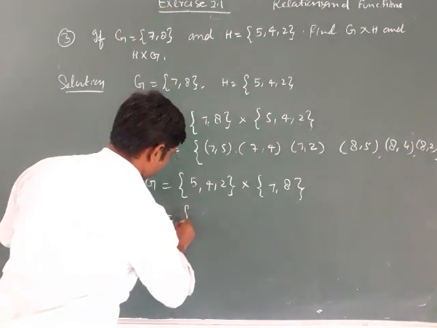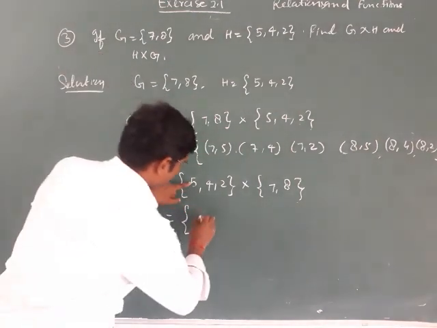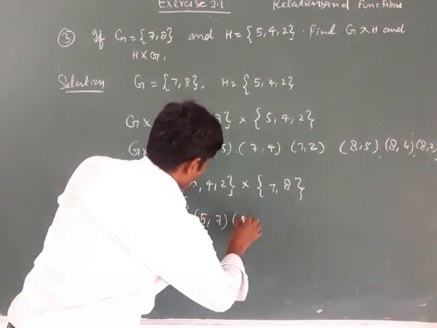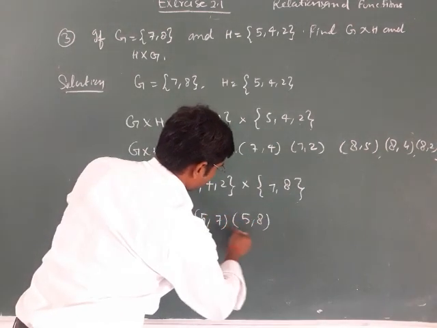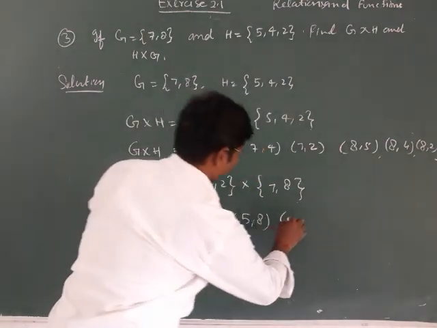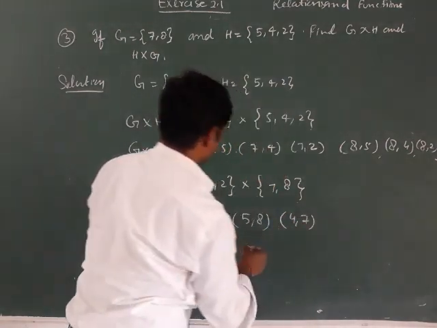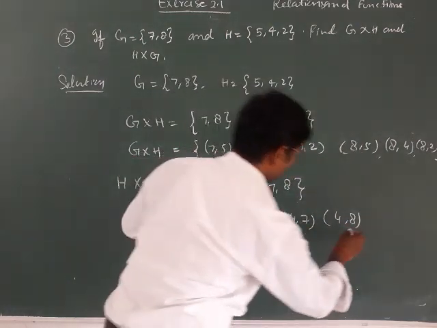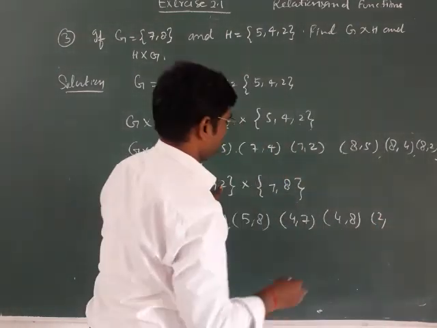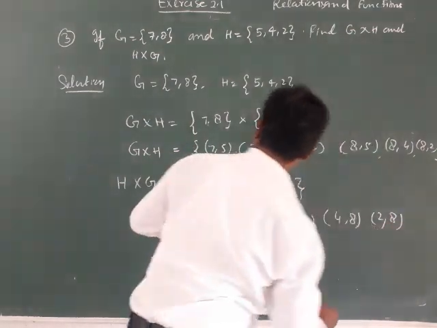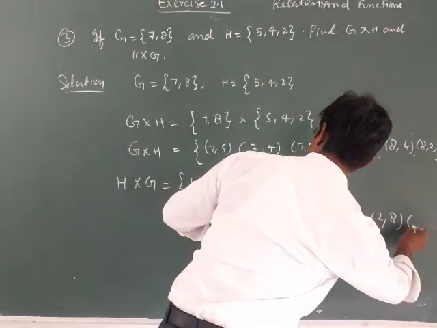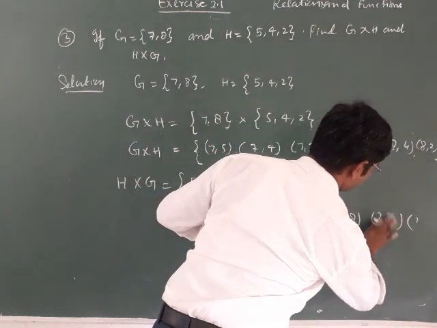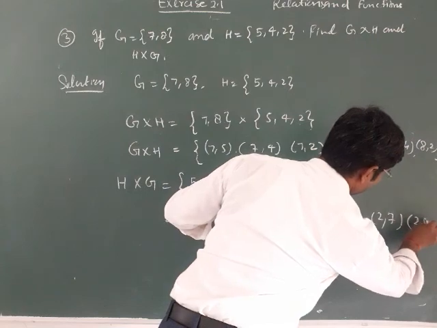Now the ordered pairs: 5, 7; 5, 8; and 4, 7; 4, 8; and 2, 7; and 2, 8.